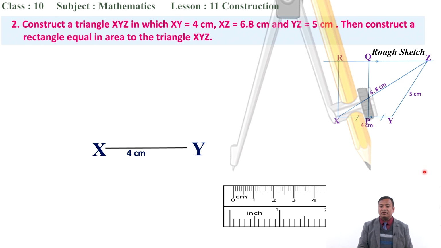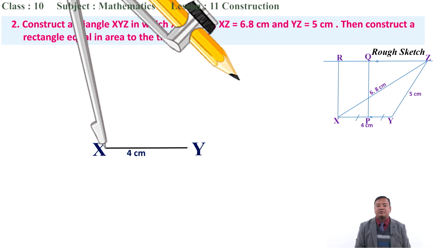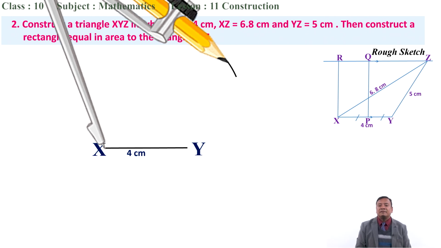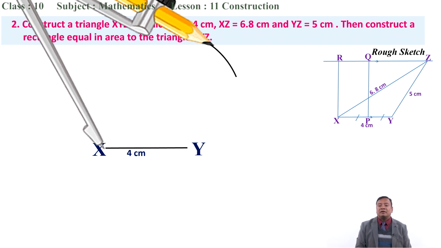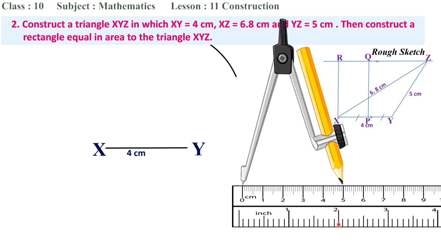So first of all take a ruler, and here one side is 6.8 centimeter. From X we have to cut an arc, right? Measure the length 6.8 centimeter, and through the point X cut an arc. Again next we have to measure the length 5 centimeter, right?